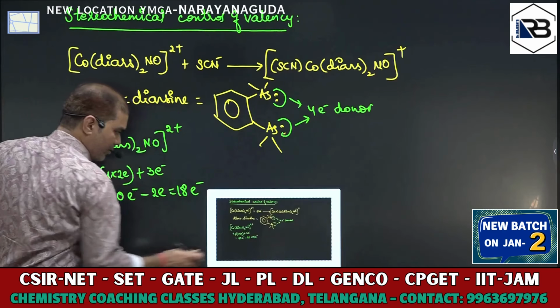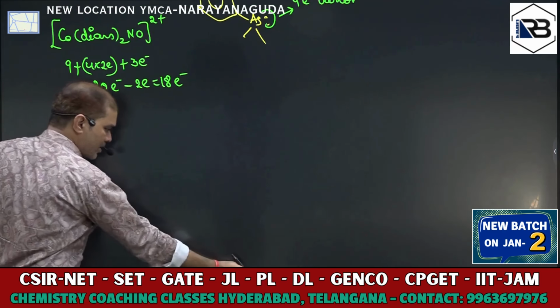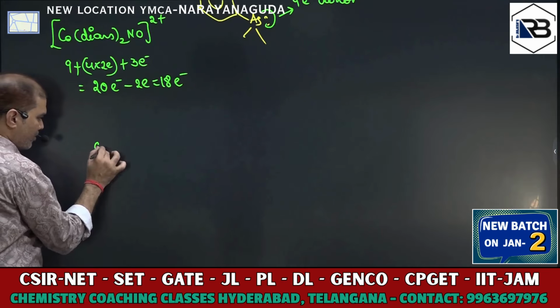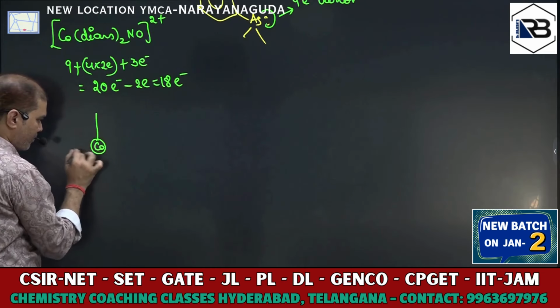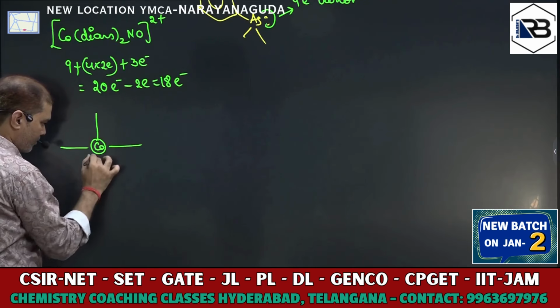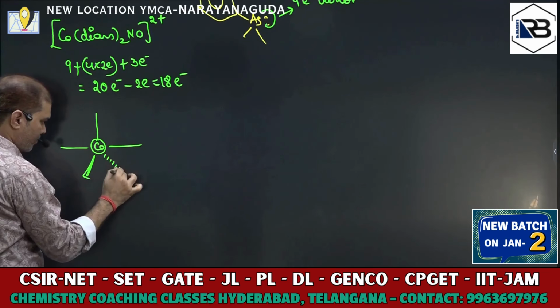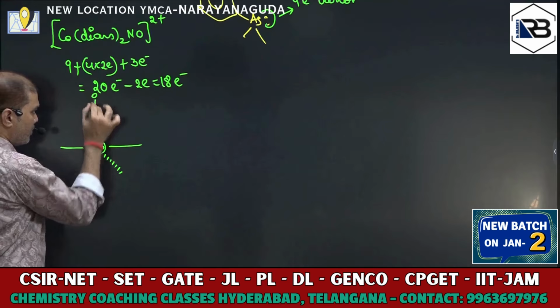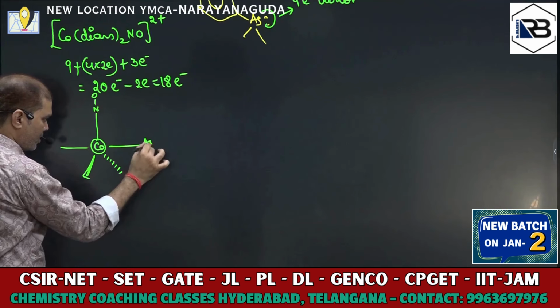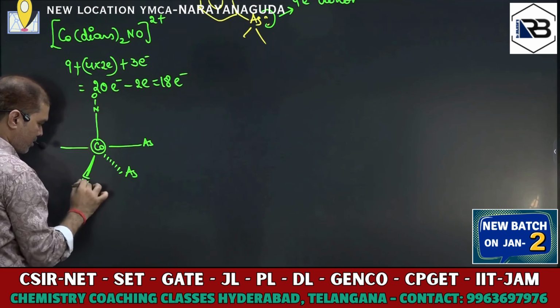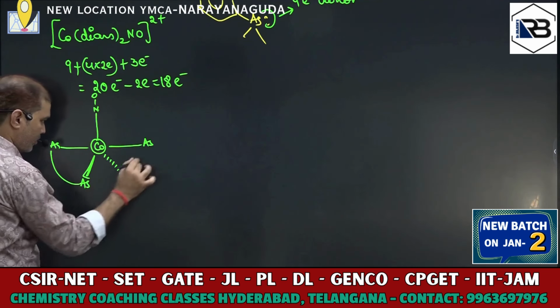Now if we draw the structure of this 18 electron system, cobalt, here is NO, and here are the 2 diarsine ligands.